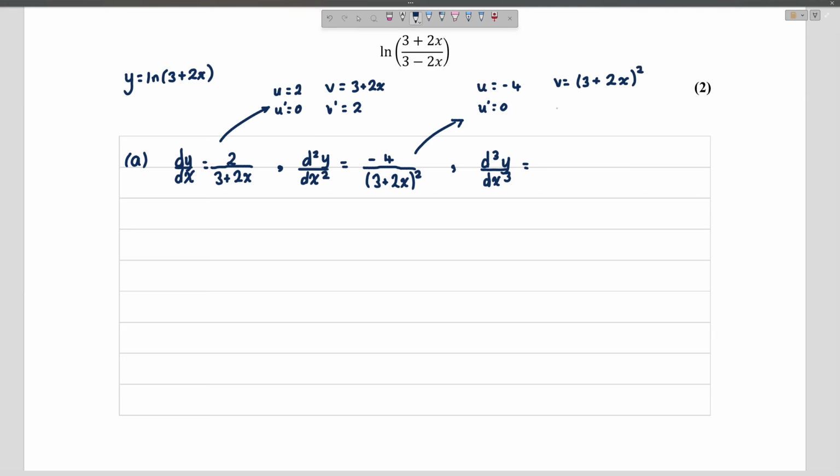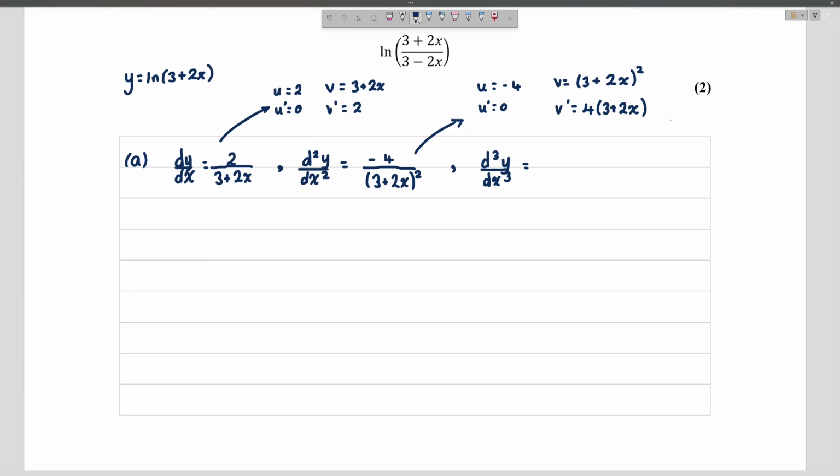Now v prime requires the chain rule, so I get 2 times the derivative of the inside of the bracket, which is 2. So 2 times 2 is 4, giving 4 times 3 plus 2x. Don't forget to reduce the power by 1. So we obtain that for v prime.